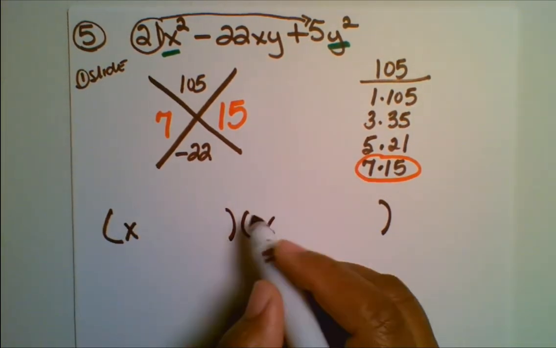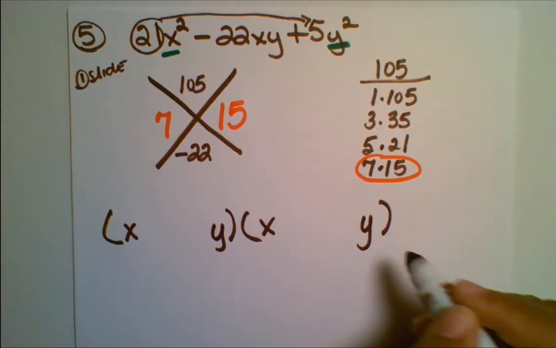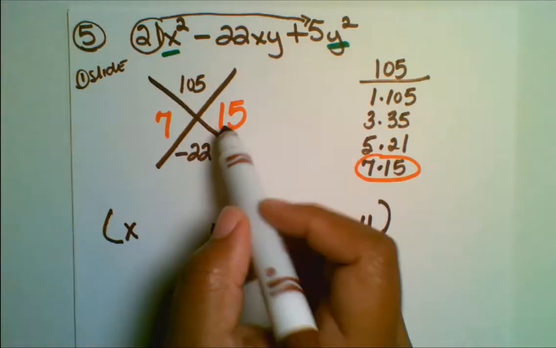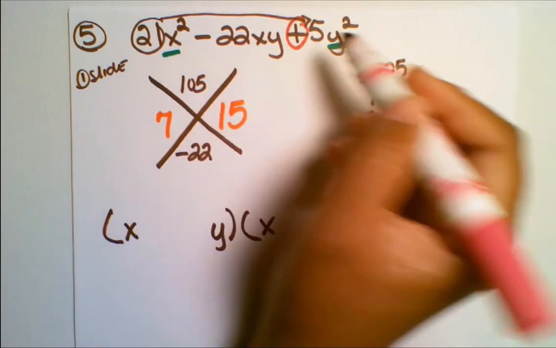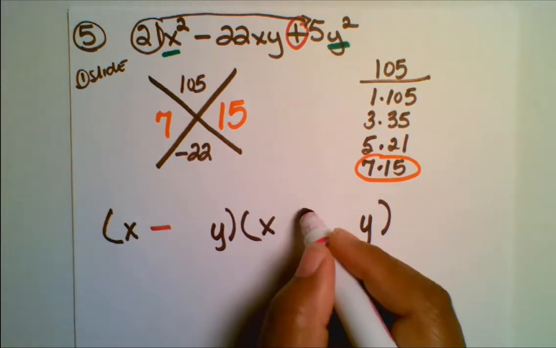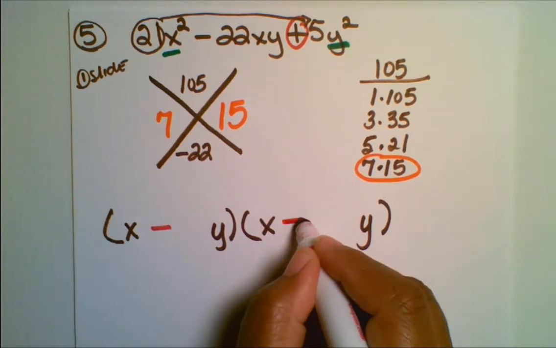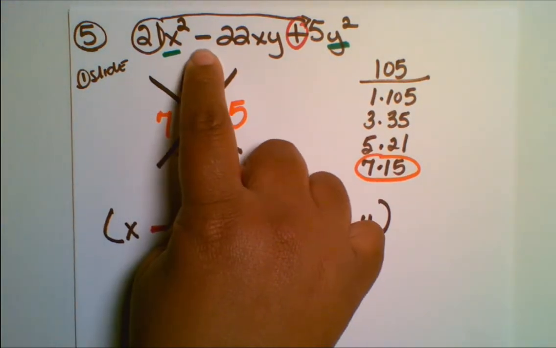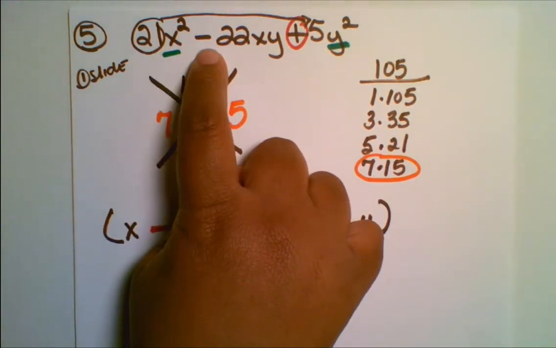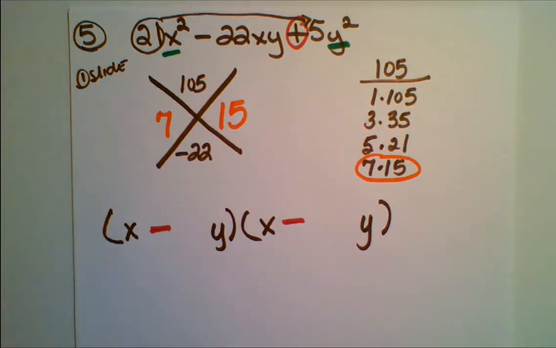X for the first term, Y and Y for the last term. Now, the sign of the last term is positive, so we're going to have the same signs, same positive, same negatives. Same signs, same what? Use the sign of the middle term, which is negative, so 2 negative signs.